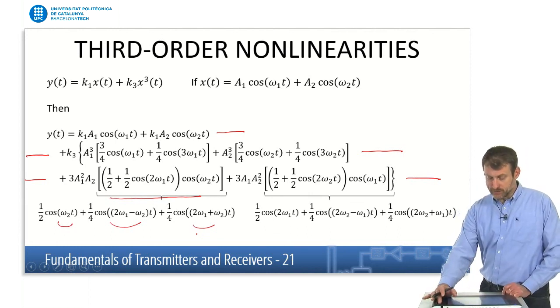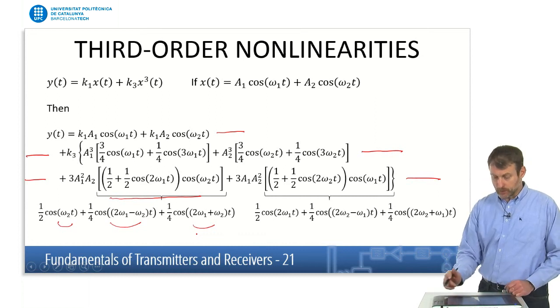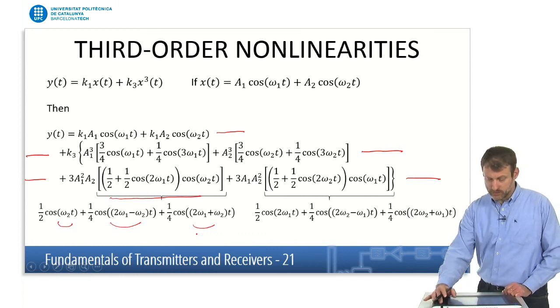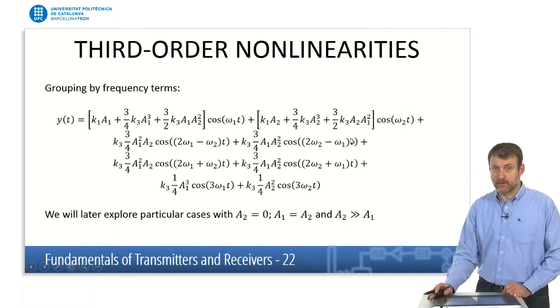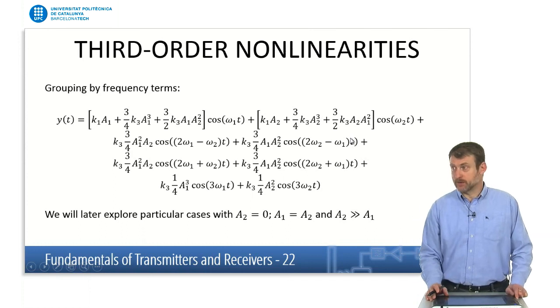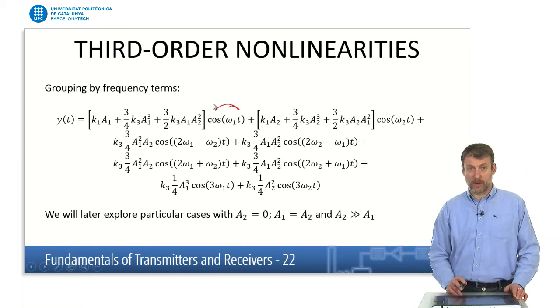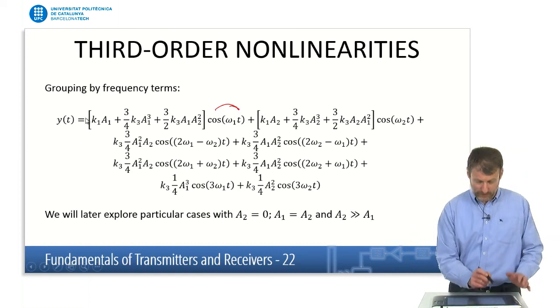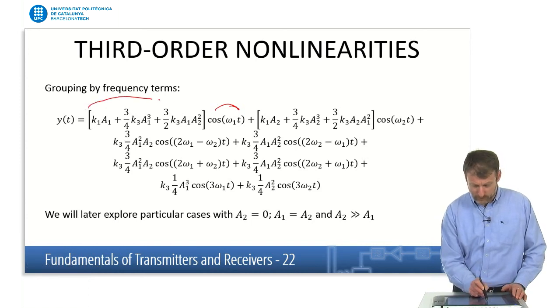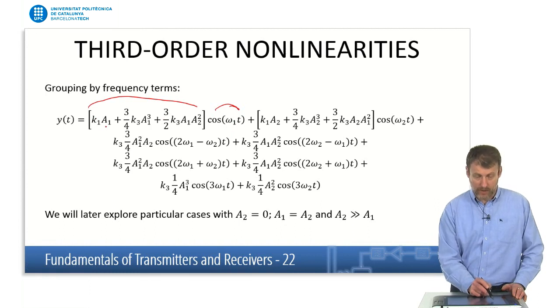Now, in any case, once you reach this point, you can group all these terms in the manner that I've used in this slide. In this slide, I've put all the terms depending on cosine omega 1 in a single amplitude term. So this cosine of omega 1 depends on the amplitude A1, the amplitude A1 cubed, and the amplitude A1 times A2 squared.